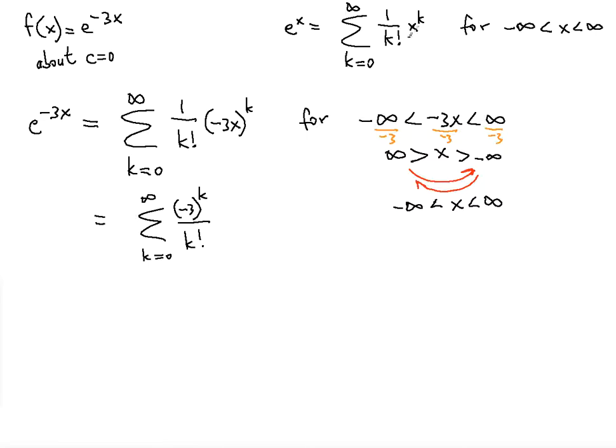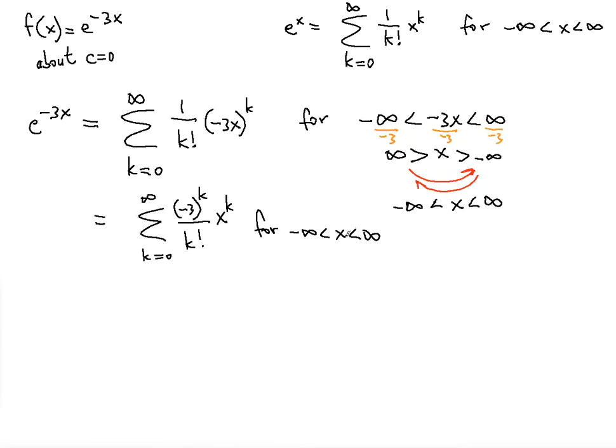There we go. We just found the Taylor series about x equal to 0 for the function e to the negative 3x, for negative infinity less than x less than infinity.